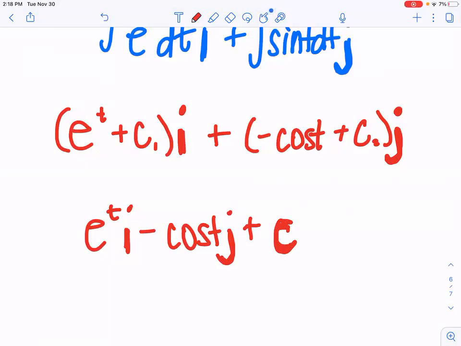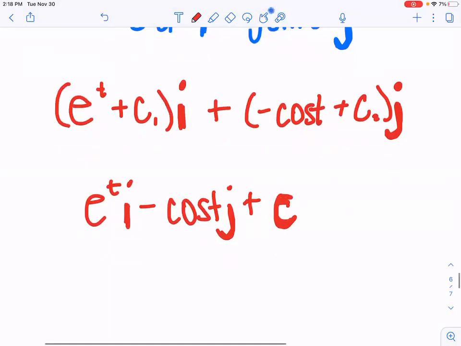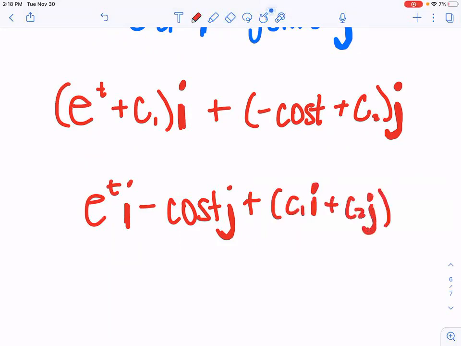A constant times i plus a constant times j, that's a constant vector. And since they're in vector form, we can just say that this is a constant vector.